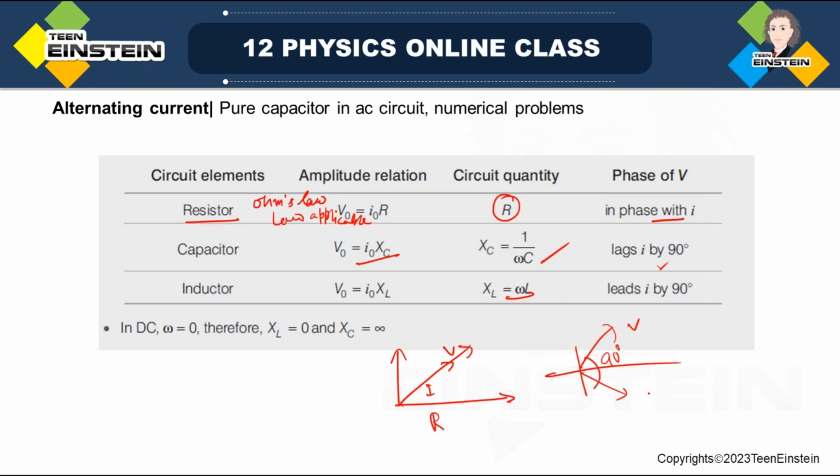This is the voltage phasor, this is the current phasor, okay? And this is omega t actually. All the business is omega t. So this is for the pure inductor circuit, and for the pure resistive circuit, the phasor diagram is this and this. I'll just draw it properly.